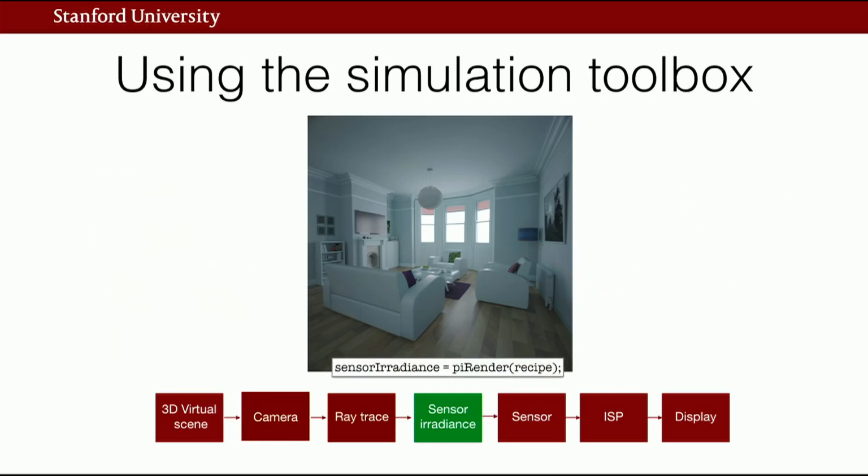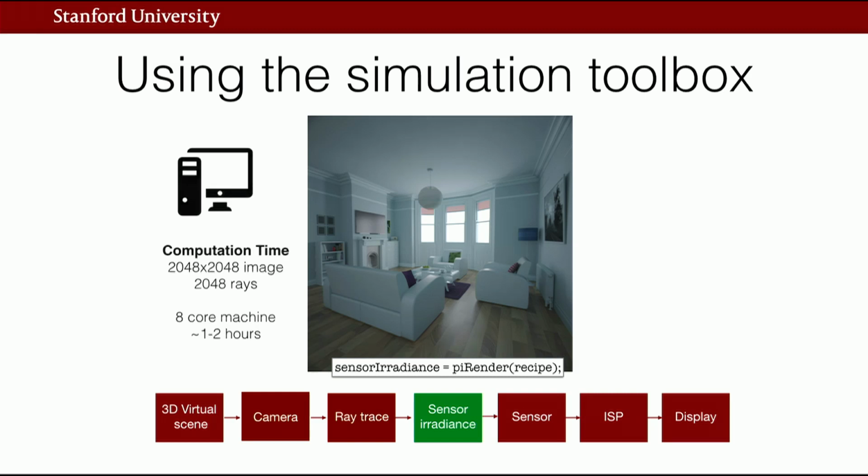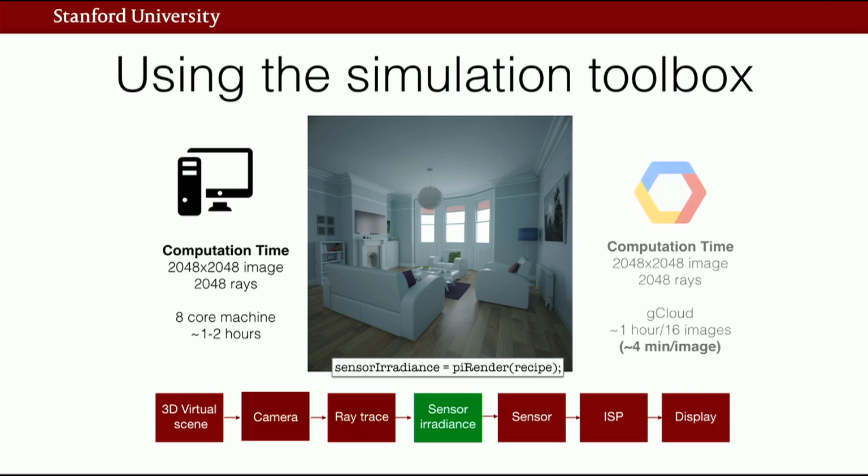All the steps that I mentioned previous to this rendering step run pretty fast, on the order of a few seconds. Ray tracing, though, is typically a slower process. For this image, a 2048 by 2048 image with a certain quality level, on an 8-core machine takes around 1 to 2 hours. So that is pretty slow. However, to reduce this time, we've set up our toolbox in a way that lets you run all your rendering on Google Cloud if you have that set up.